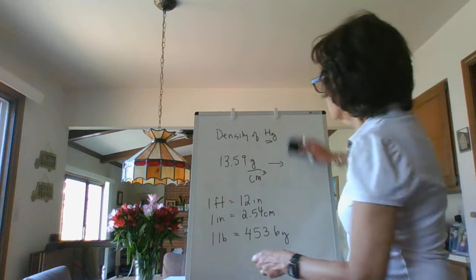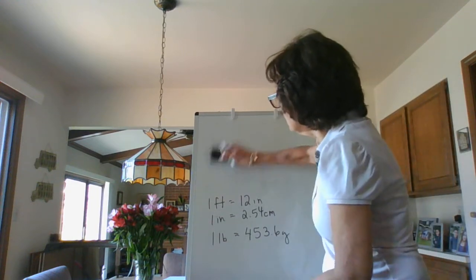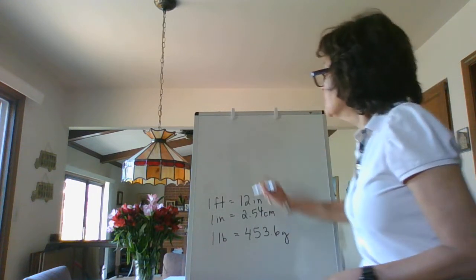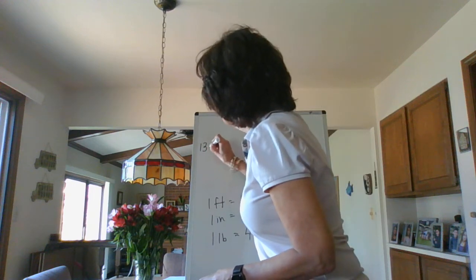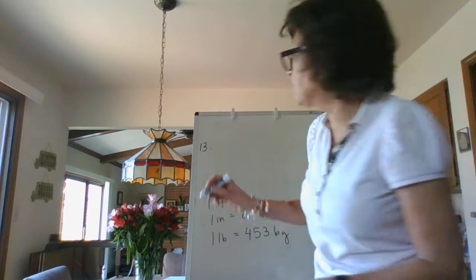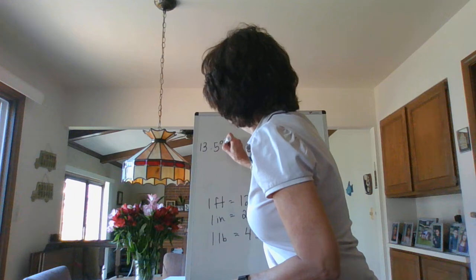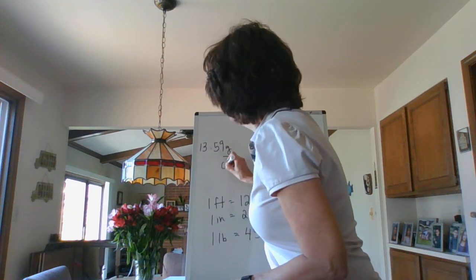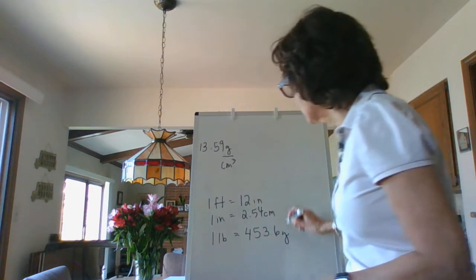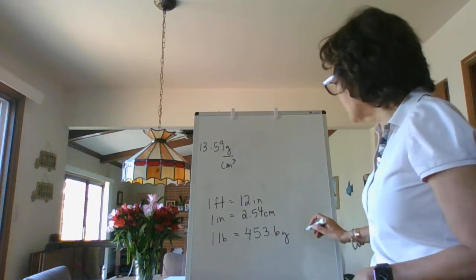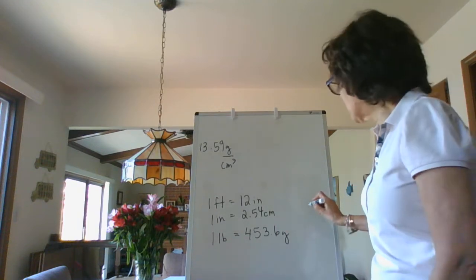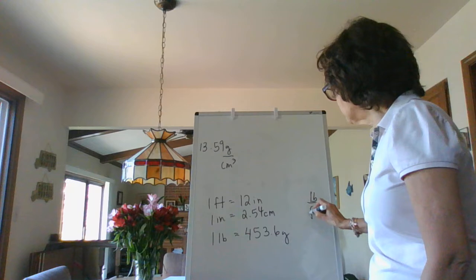And now let's set it up using dimensional analysis. 13.59 grams per centimeter cubed. And remember, what am I looking for at the end? I'm looking for pounds per feet cubed.